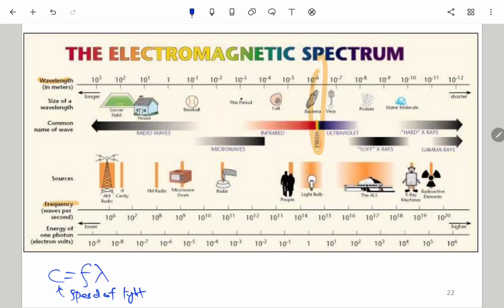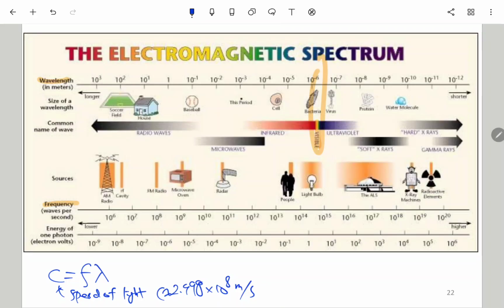C inside the same material, or inside the vacuum or air, is a constant, roughly 2.998 times 10 to the 8th meters per second. Since it is a constant, the frequency and the wavelength are inversely proportional to each other.